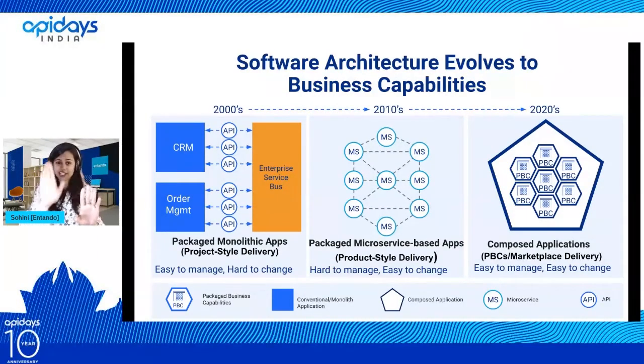But if you take a look at the one in the middle for 2010s, the project delivered microservices based applications are easier to change by reconnecting the microservices and user apps in a new way.